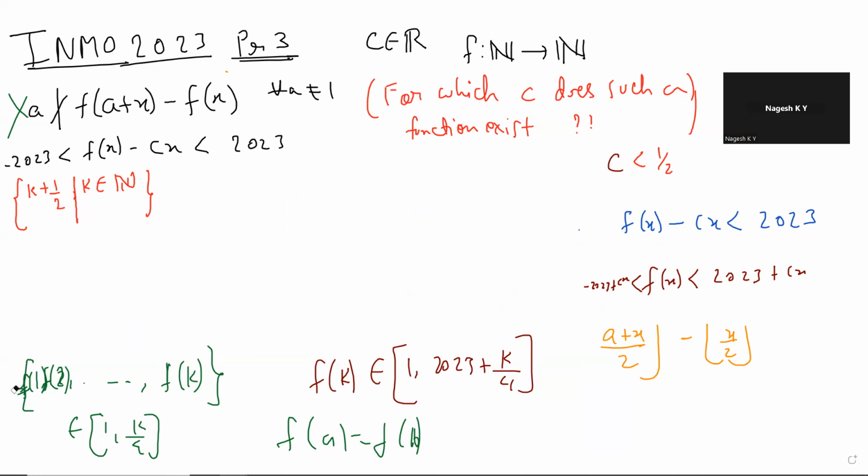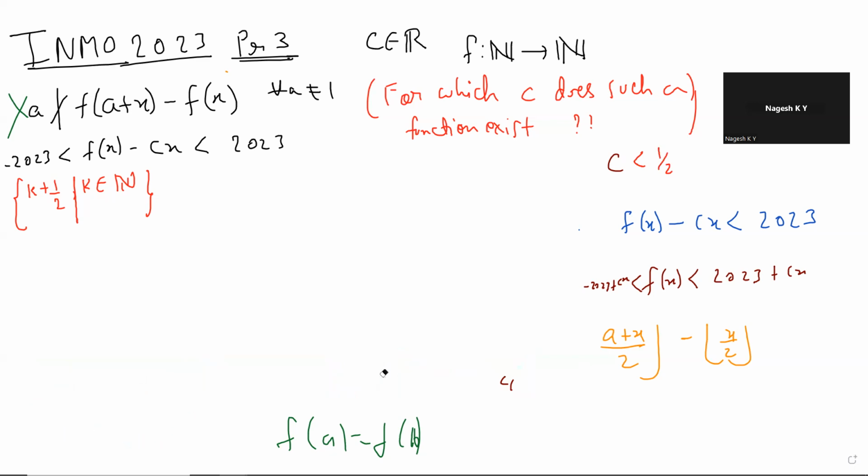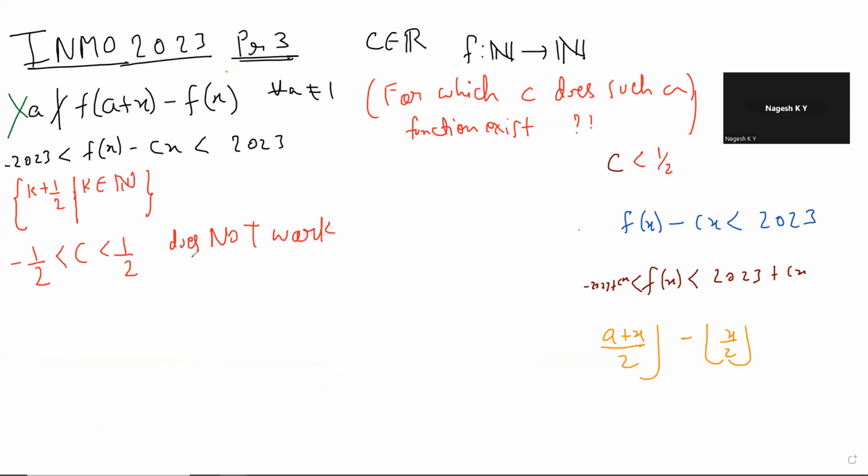Then can we now use some translation idea again to show something? So we have shown that C between half and minus half does not work, right? Now can we use some translation idea? You understand what we are trying to show now, right?